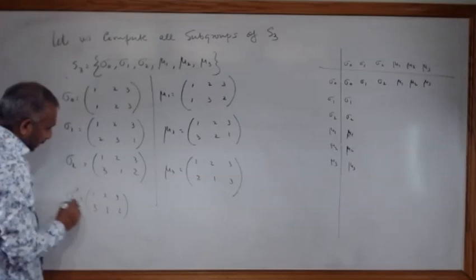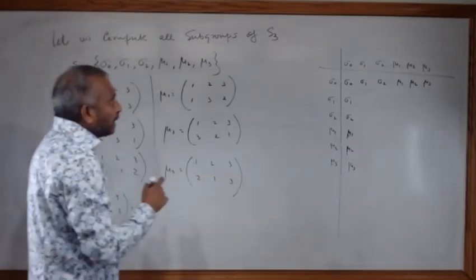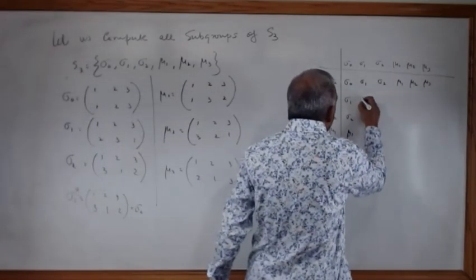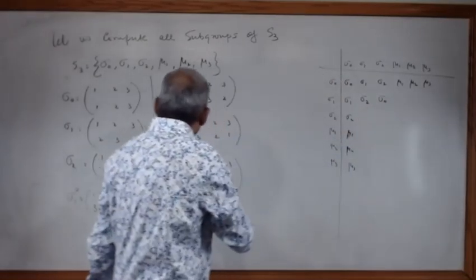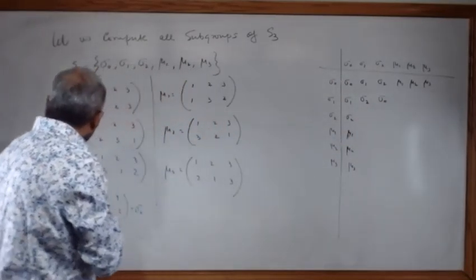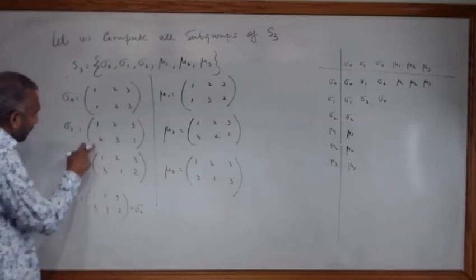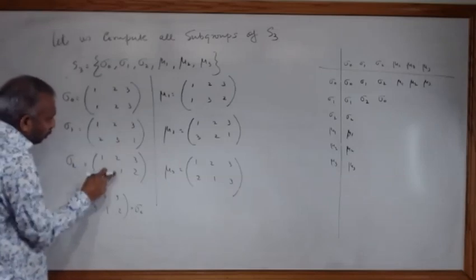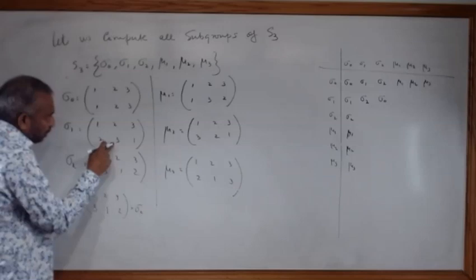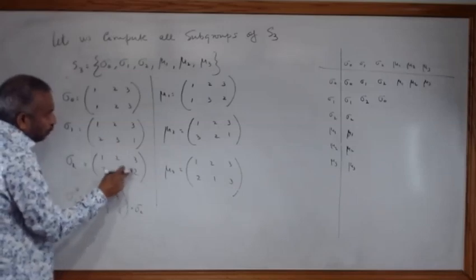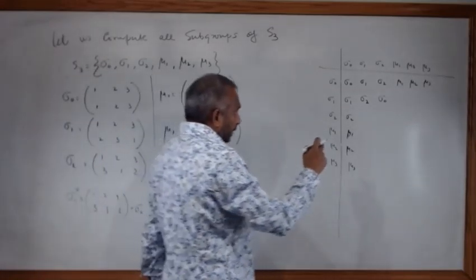And that is nothing but sigma 2. So here you are going to have sigma 2, and here you are going to have sigma 0. If you take these two together, 1 goes to 2, 2 goes to 1. So this is 1, 1. 2 goes to 3, and 3 goes to 2. So 2 goes to 2 here, and 3 goes to 3. And that is why I said it's sigma 0.